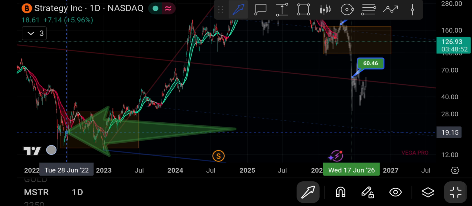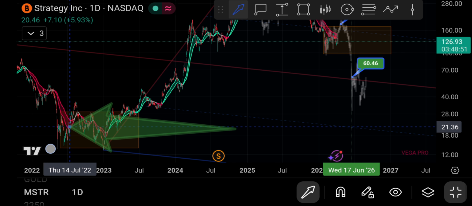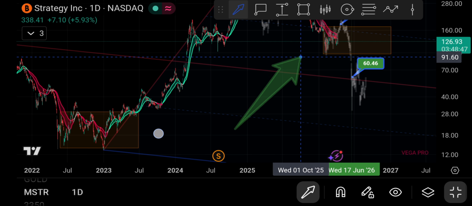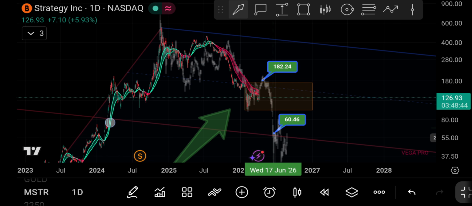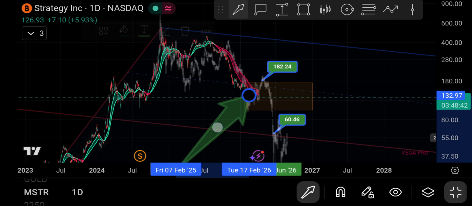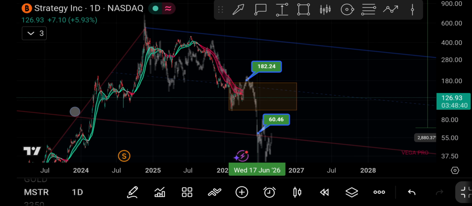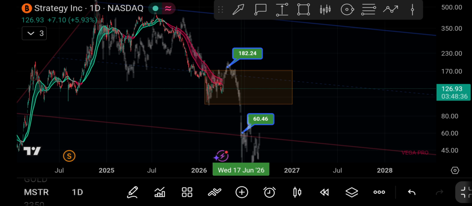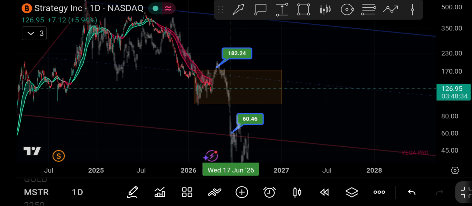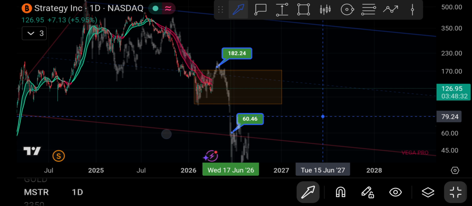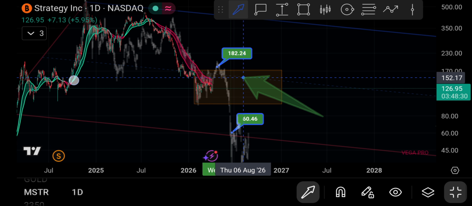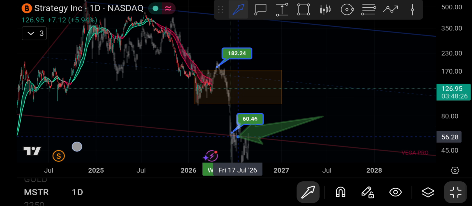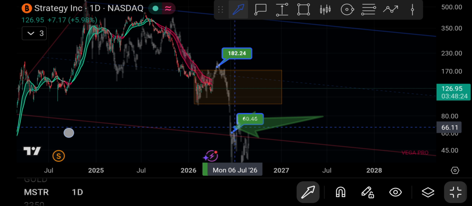And so we don't have to guess the entry points on the accumulation zone. So that's also the base case here. So if we start turning to green on the matrix line, we may start to enter the asset, and this $60 price target is invalidated.